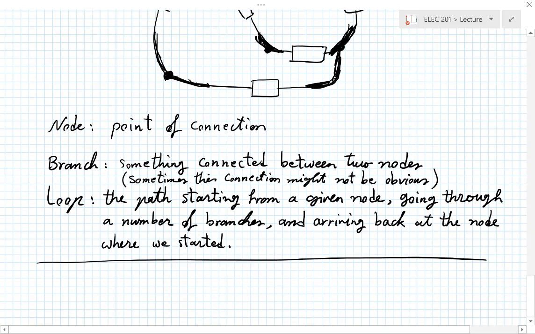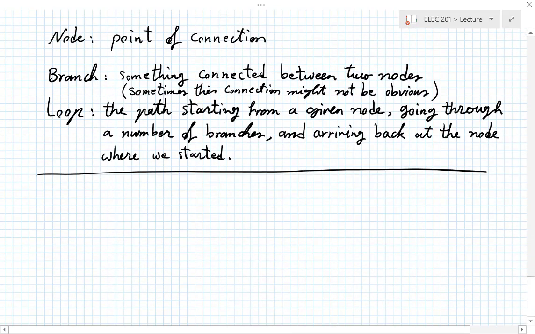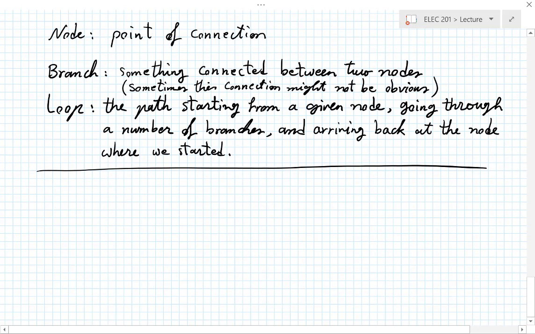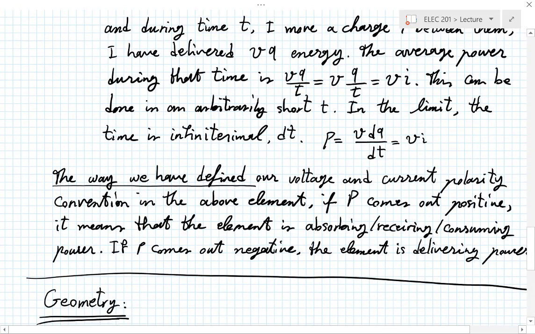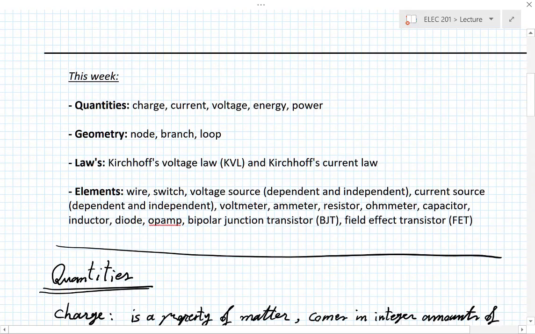Okay, so this is the geometry, somewhat formalized. And so now I want to talk about the circuit laws. So going back to our master plan, I want to talk about the third bullet, which is Kirchhoff's voltage and current law.